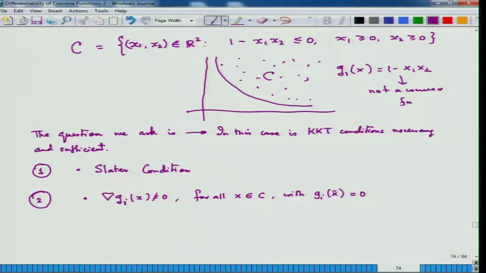You see, now we are considering the case where C is given in terms of inequality constraints, that is C is written in terms of g_i(x) less than or equal to 0, and all of them need not be convex.